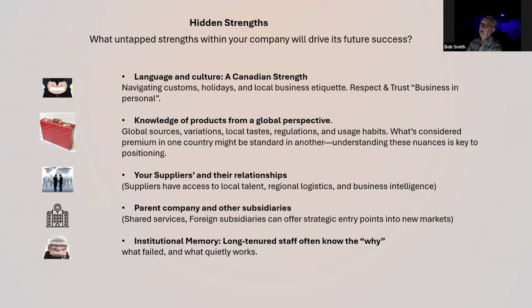Knowledge of products from a global perspective. There is an eel skin briefcase, which used to be a real luxury good. And I had a Canadian who knew the tanning industry, and he just grabbed hold of this industry just because he knew tanning, but he had done most of his work in Morocco.